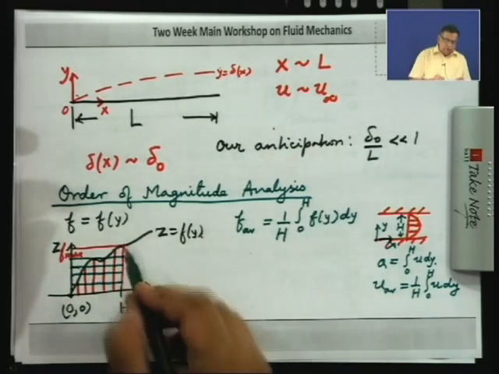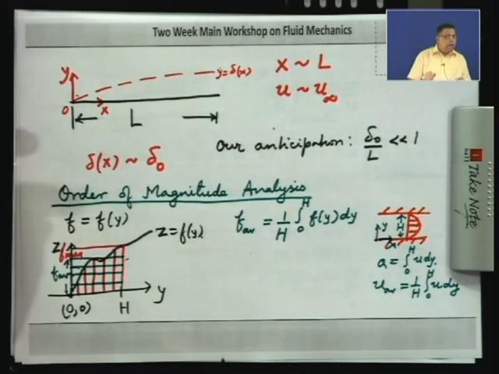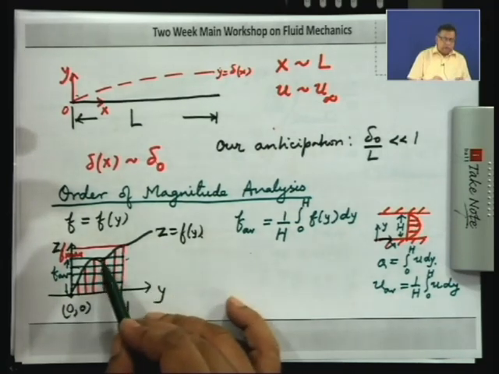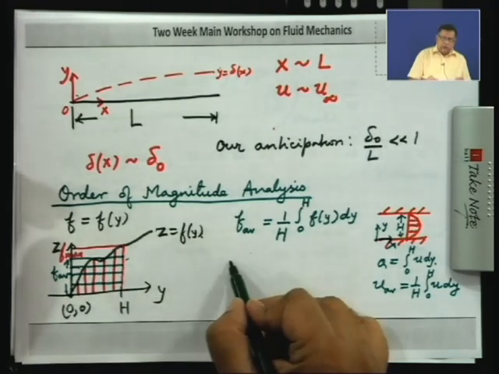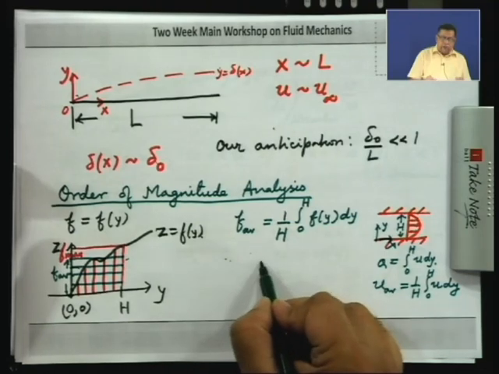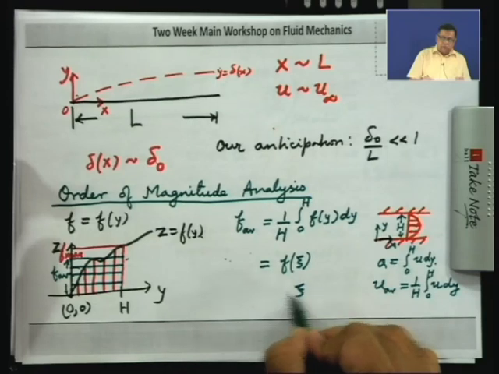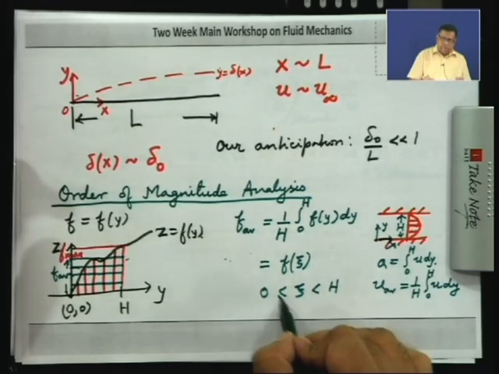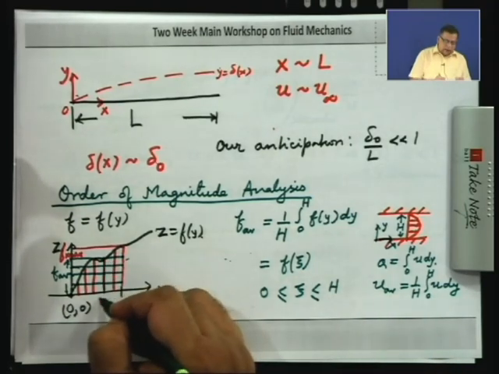So, this height is what we are calling f average. The average value will lie between the maximum and minimum values, as you can see it is lying somewhere here, and because it is a continuous function, you know that the average value here will be the value of the function at some point xi, where xi lies between 0 and h. This is assured by the mean value theorem. So, this will be your xi, whatever it is.